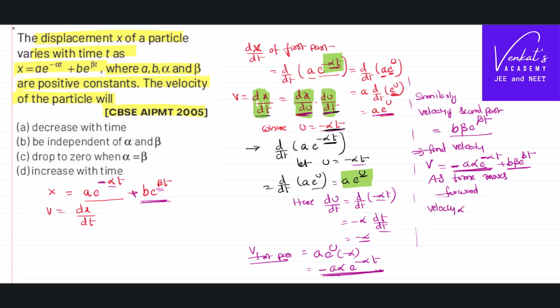In the first term, a minus term is there and it decreases. Negative of decrease is nothing but increase, plus the second term also increases. Therefore, velocity increases with respect to time. That implies the velocity of this particle increases with time. Be careful here. I am saying negative of decrease is nothing but increase, and then increase, so together velocity increases with time is the answer for the question.